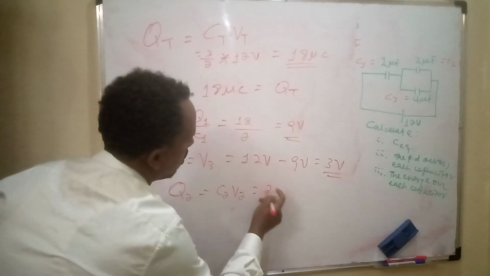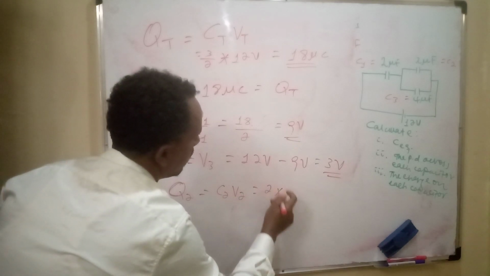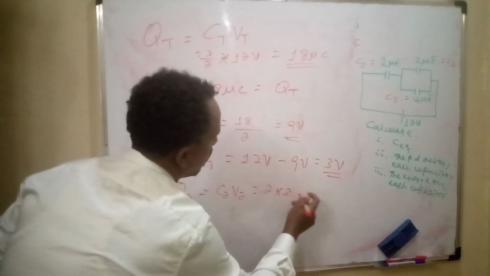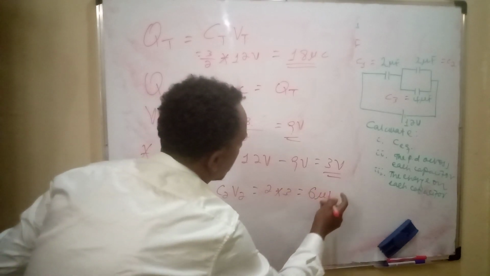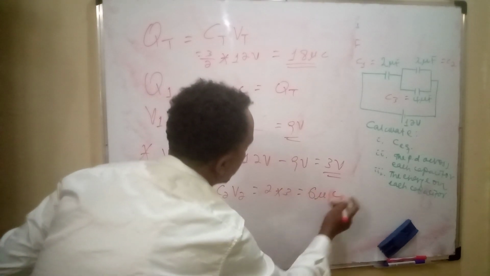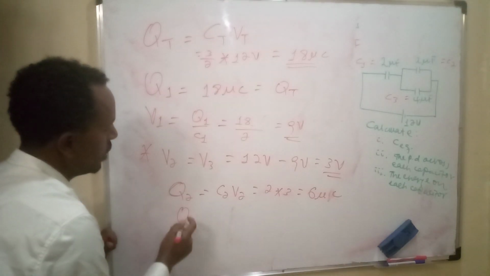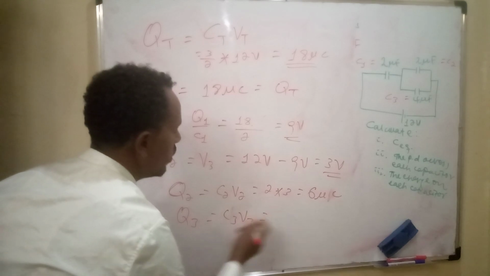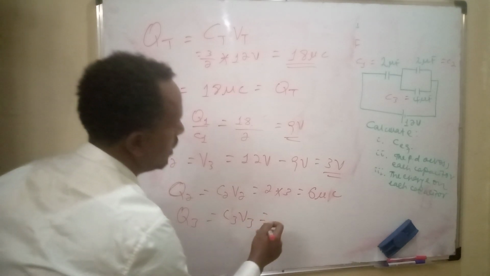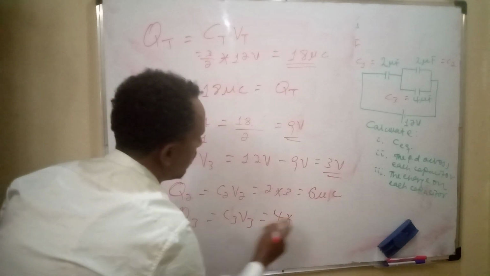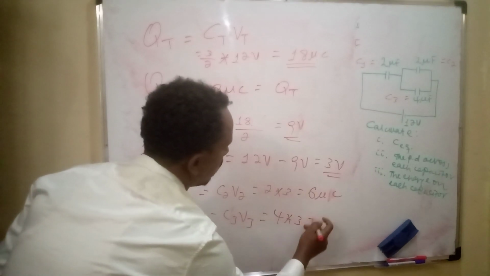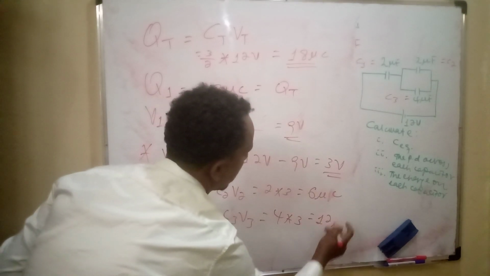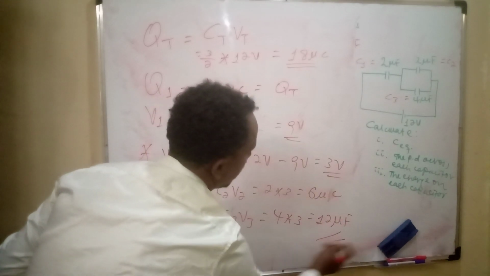C2 is 2 microfarad times V2 is 3, which is equal to 6 microcoulomb. Q3 is equal to C3 times V3, which is 4 times 3, which is equal to 12 microcoulomb.